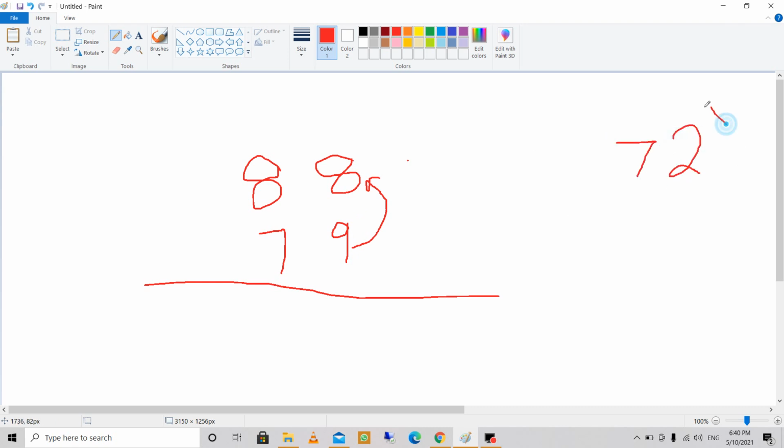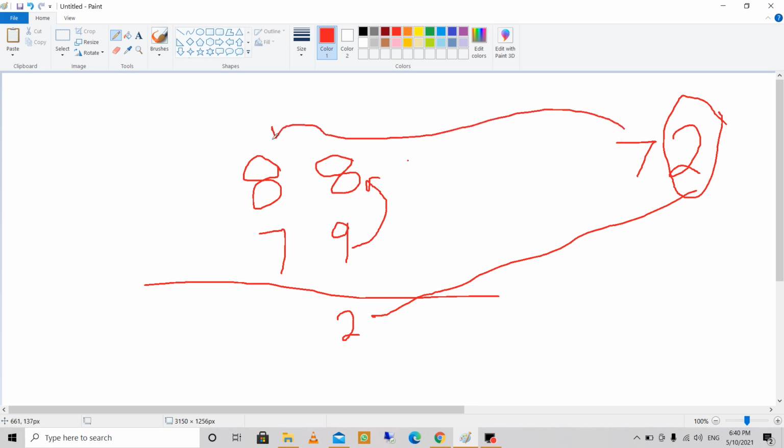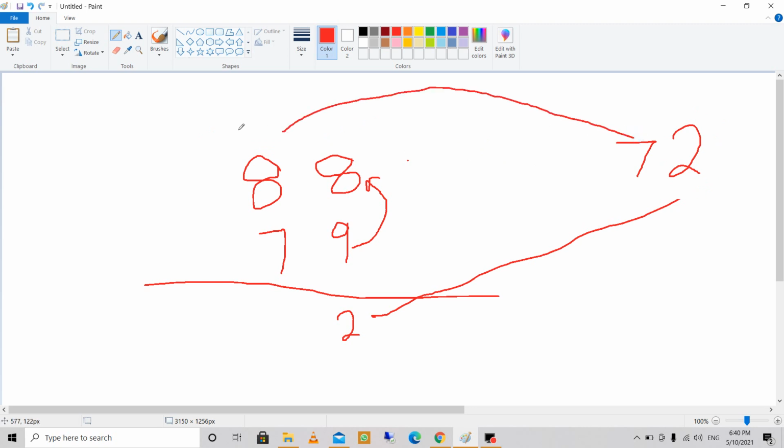So we only keep the last part here, the units part. 2 will be written here, and the 7, the tens part, will be carried on to the next number. It will be written as a carry. So this 7 will be carried over here.